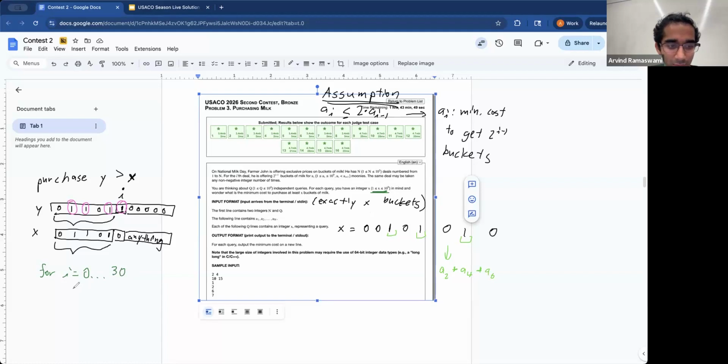And then if the ith bit of x, I'll just write it as xi, equals 0 and yi equals 1, then basically calculate the cost of the string.